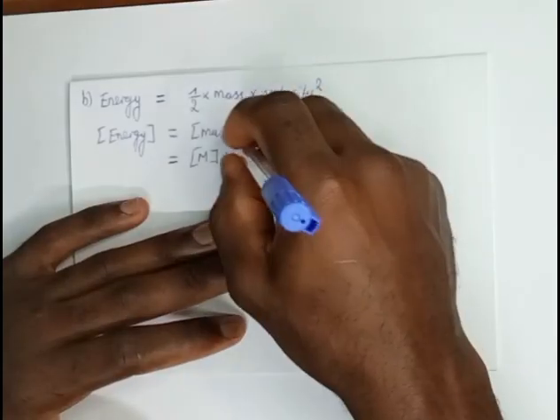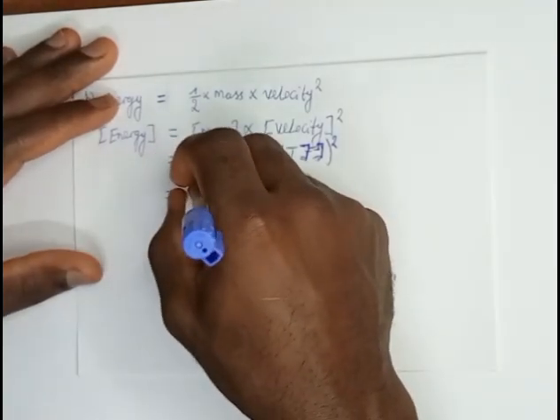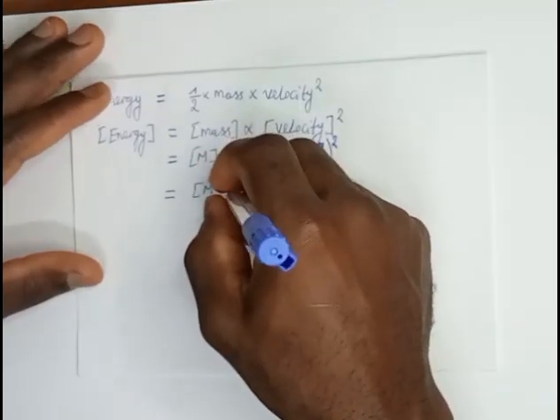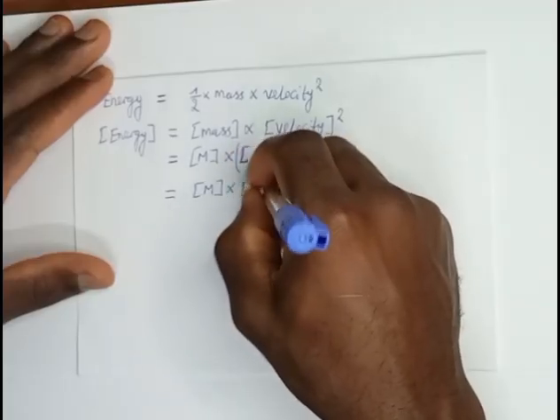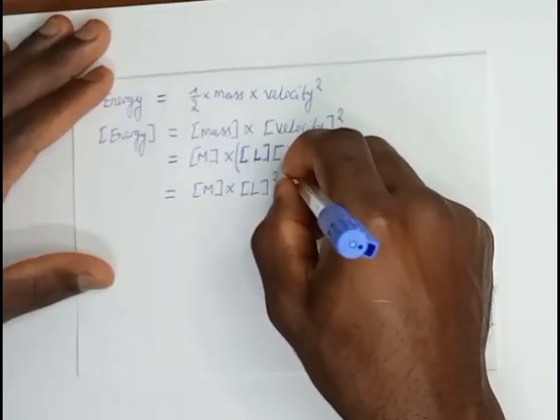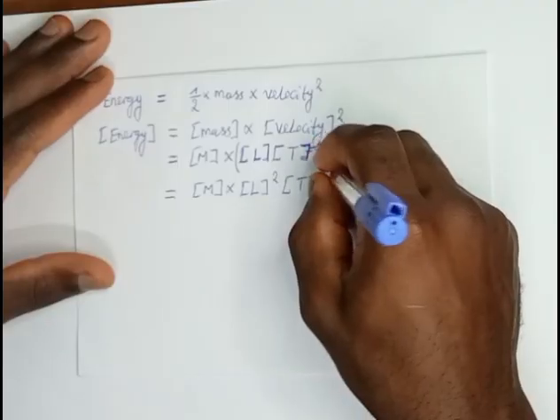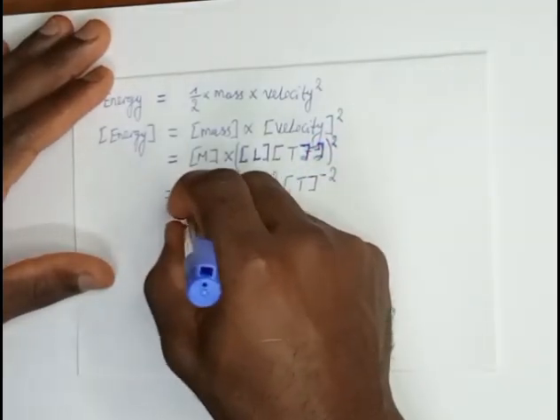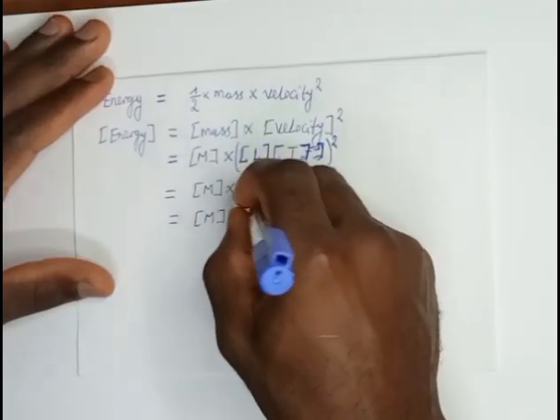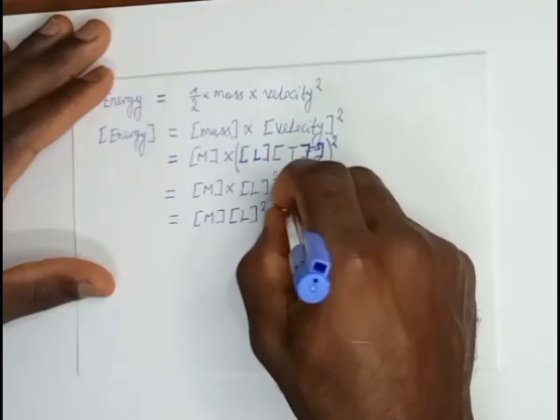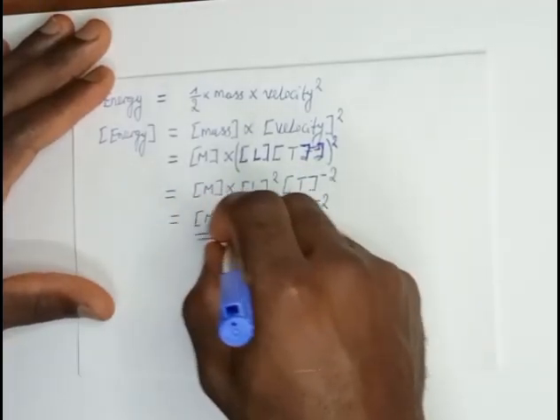Remember, we have to square all this. So this will be equal to m times L squared times t to the power -1 times 2 gives -2. We can express this as m L squared t to the power -2. So this is the dimension of energy.